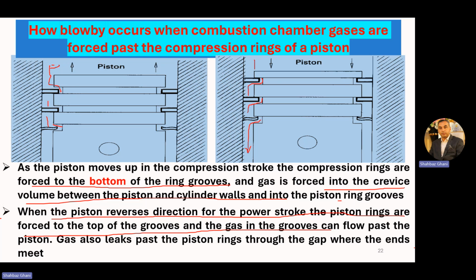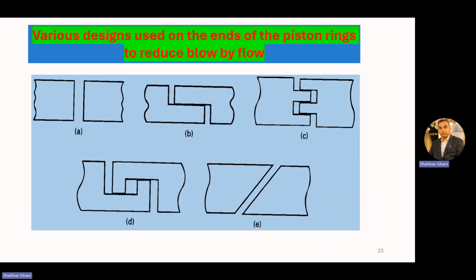So one is this passage from where the gases are going down, and one is the gap between the piston ring where its ends meet. Let's see the various designs used on the end of the piston ring.